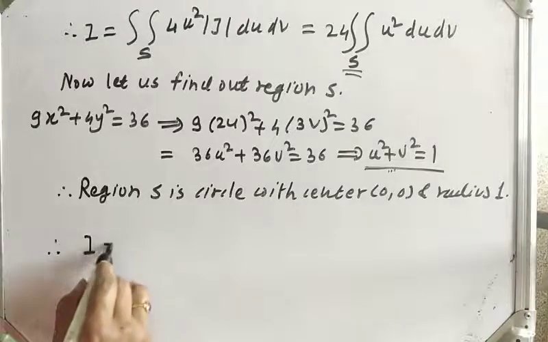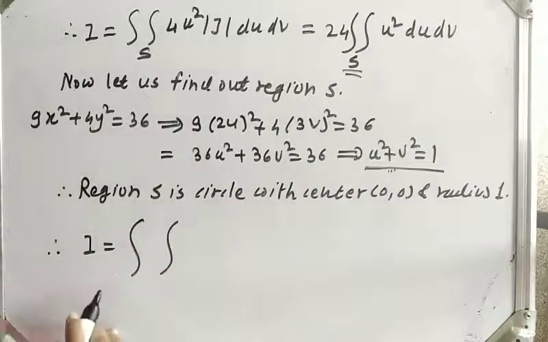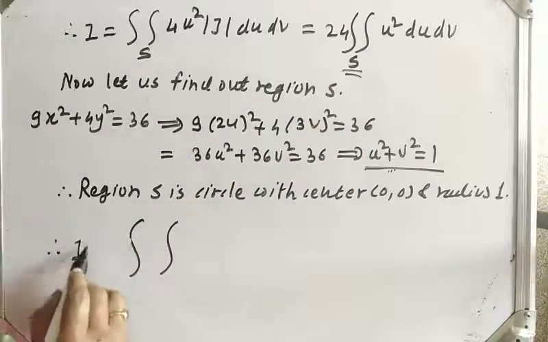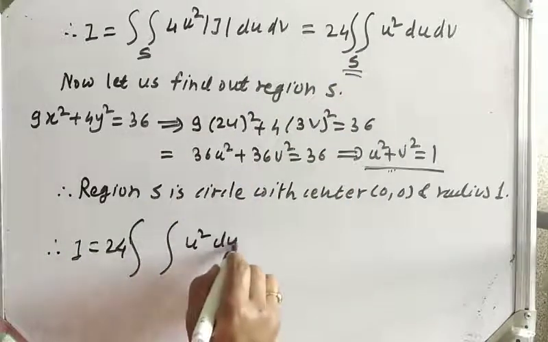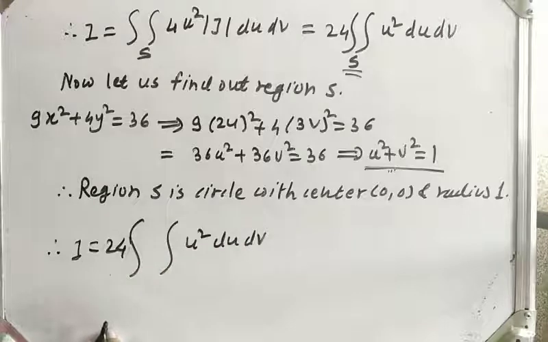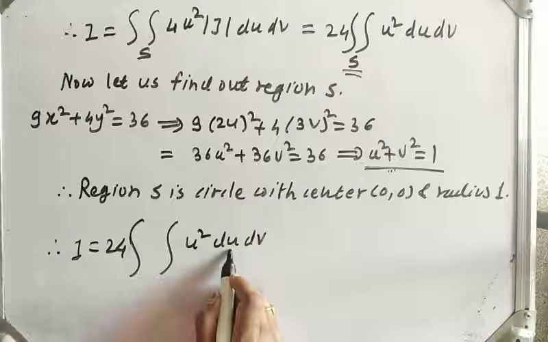So what will be I? Therefore I will be the double integration, and this is 24. I is equal to 24 double integration u square du dv. Now we can take a strip parallel to the u axis or parallel to the v axis. Both ways are possible. We have taken u first here, so let us take a strip parallel to the u axis.